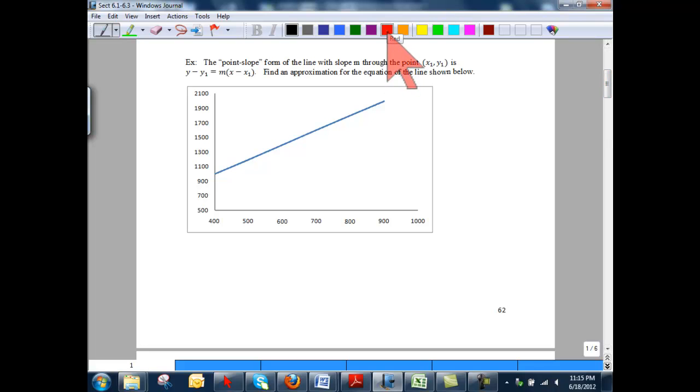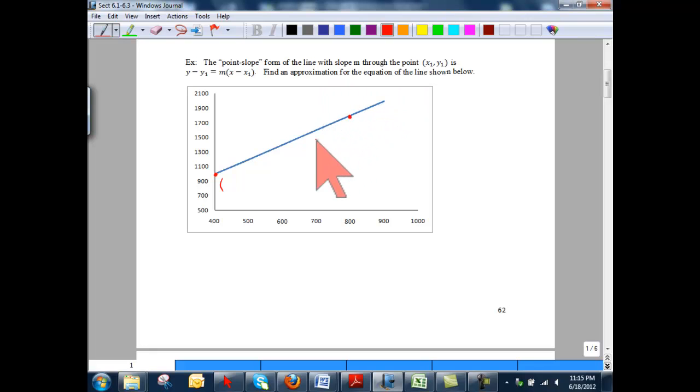Let me go ahead and pick a couple of points on the line, perhaps this one and then maybe out here somewhere. It doesn't matter exactly which points you pick. Then let's estimate the coordinates of these points. Notice we're finding an approximation for the equation of the line.